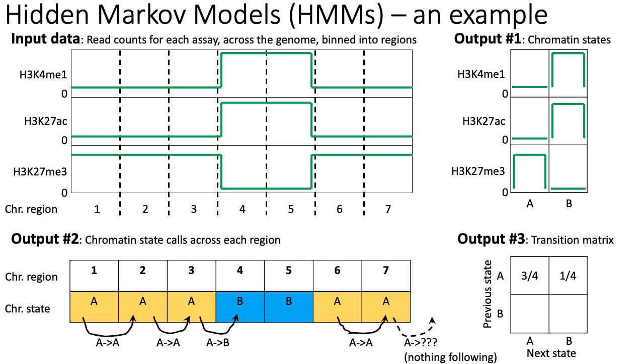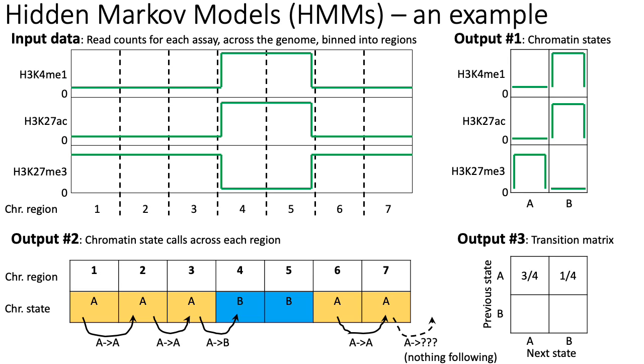If we look at chromosome region 1, we're in state A, and that's followed by another state A in region 2. Looking at chromosome region 2, which is a state A, the next region over, region 3, is also an A, and so on.